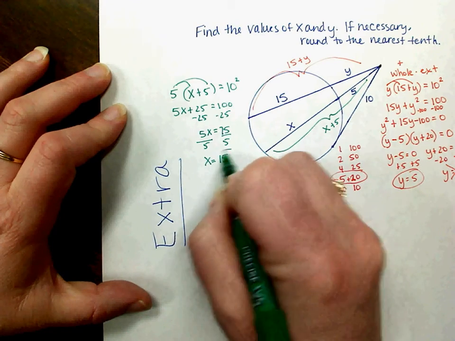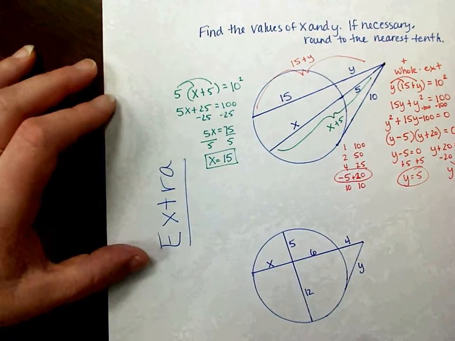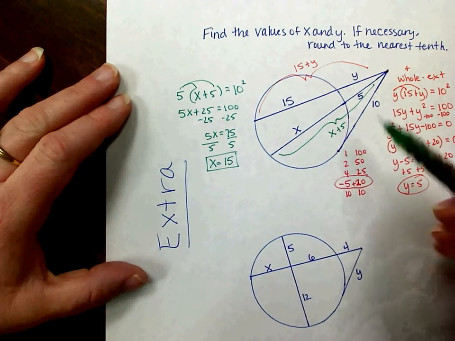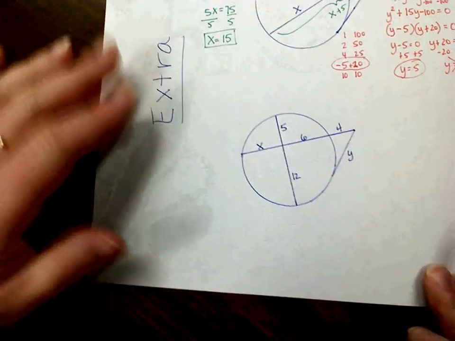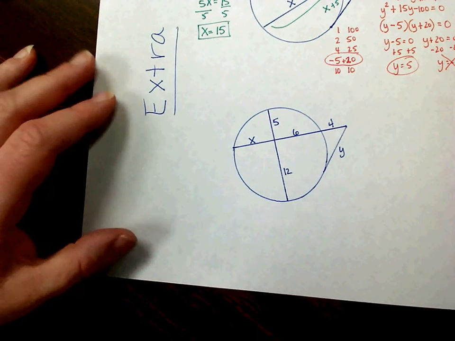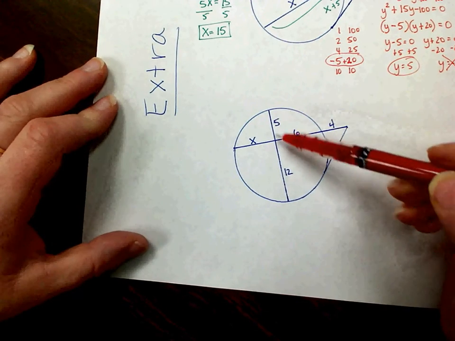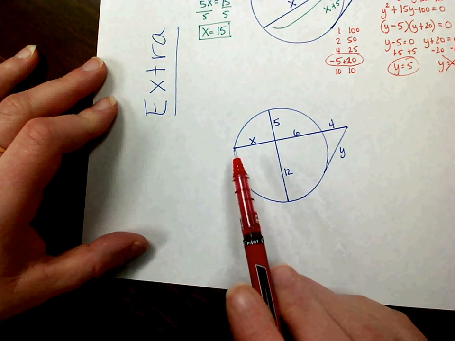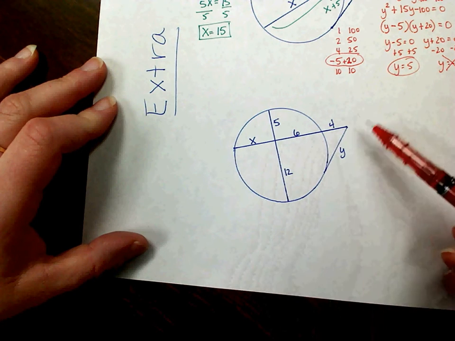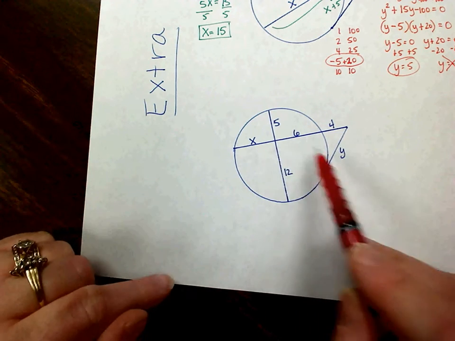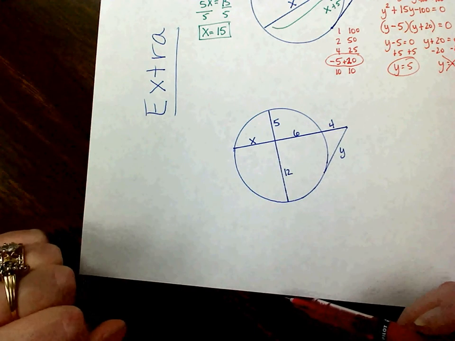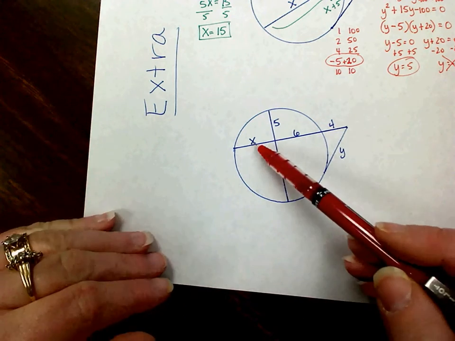So there's your x value and your y value from the same problem, and you don't have to use one to find the other. Now in this second example, you have a chord intersecting a secant that is intersecting a tangent. So you have two unknowns in this problem that you are going to have to use one value to find the other.